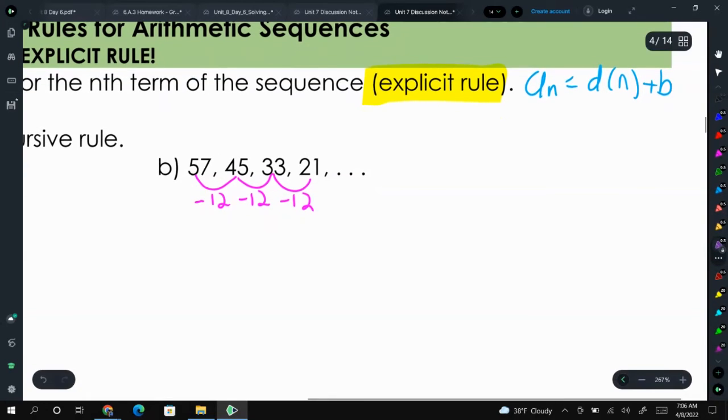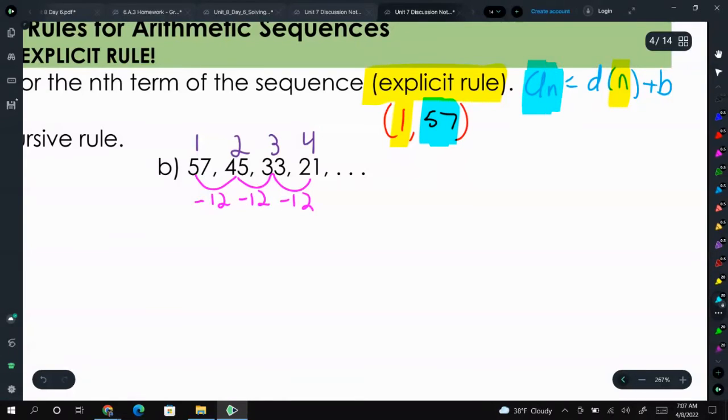And if we look at the 4 terms, we can use the term 1 comma 57 and plug those in to find our b value.